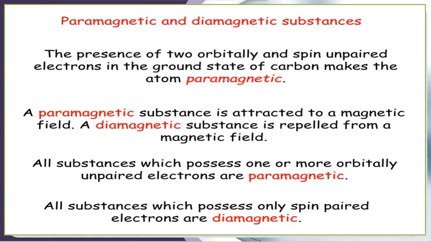It is under the influence of magnetic field, whether they are attracted to the magnetic field or repelled by the magnetic field. So which ones are attracted, they are paramagnetic, and which ones are not attracted or are repelled, they are the diamagnetics, right? Now here each atom is holding some property.